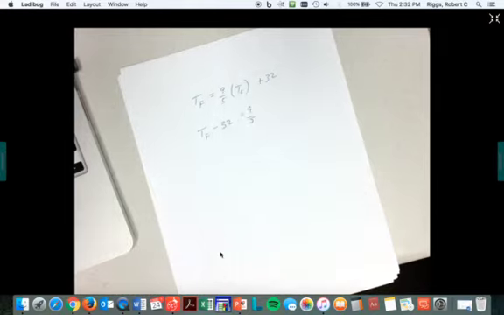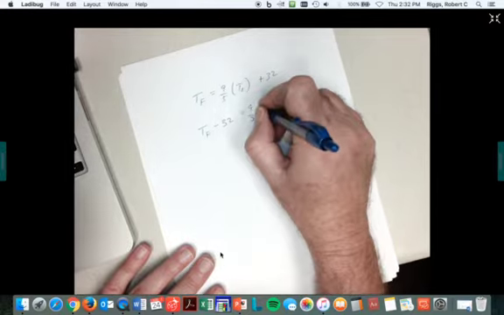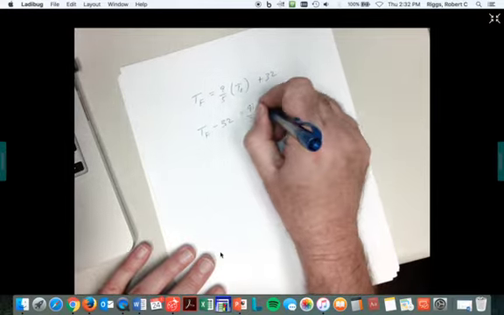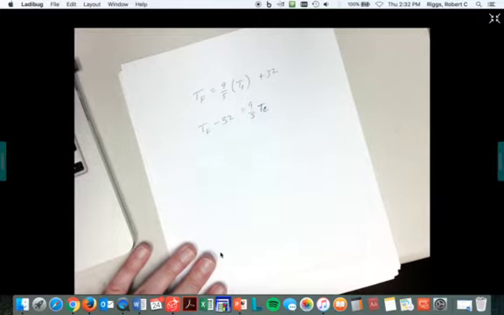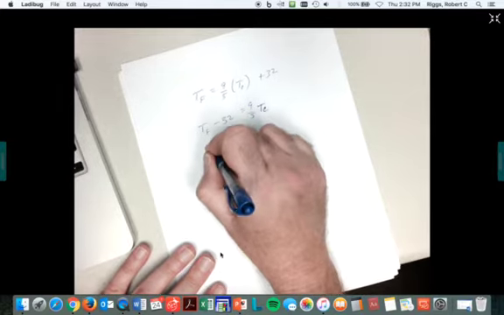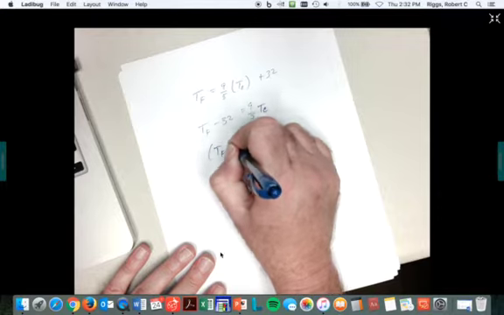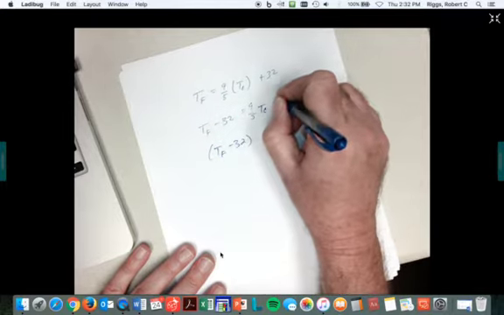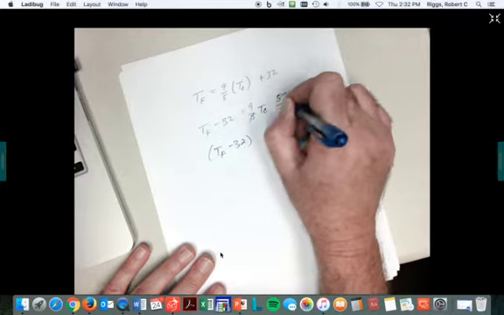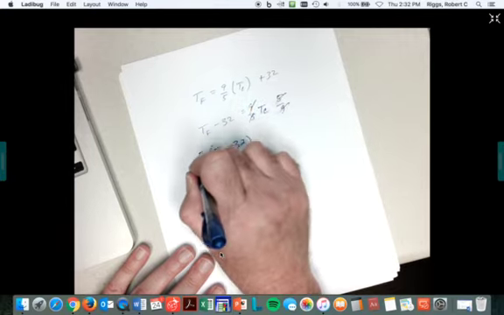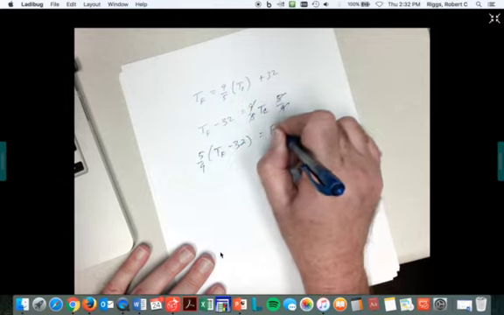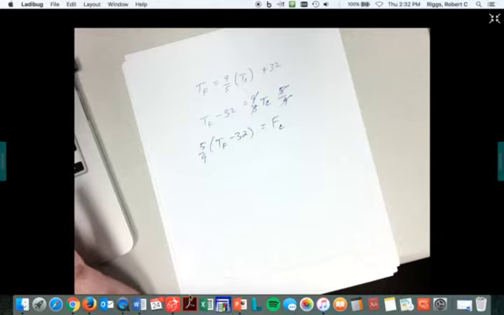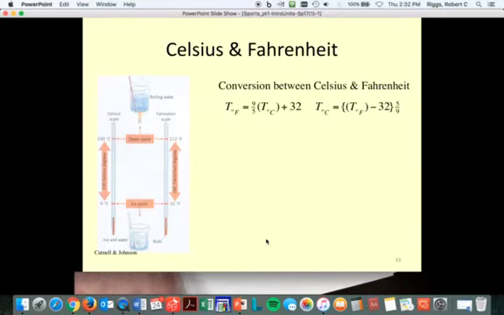I know some of you are going, you told me there wouldn't be this kind of algebra in here. Just a little bit doesn't hurt you. Then I put TF minus 32 in parentheses and multiply it by 5/9, and that equals TC. Now, there's a quick and dirty way to do it that we're going to talk about here.